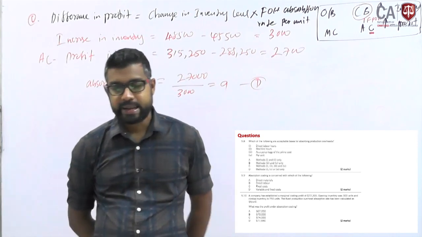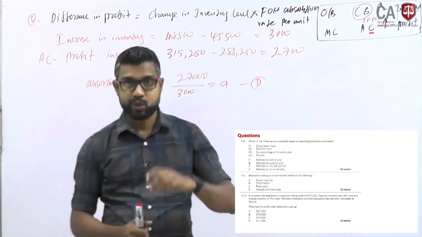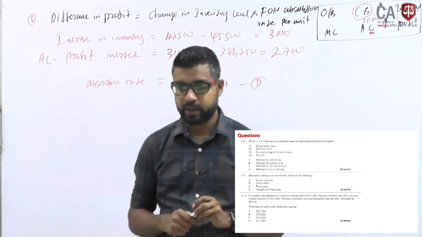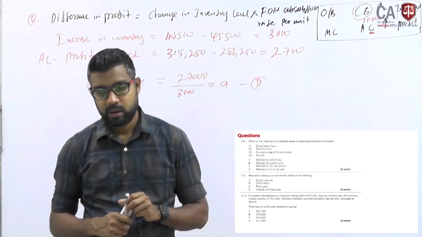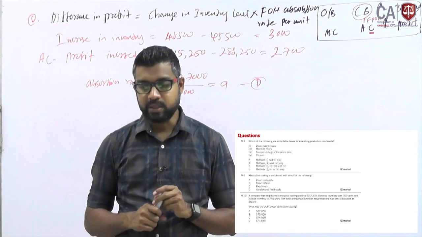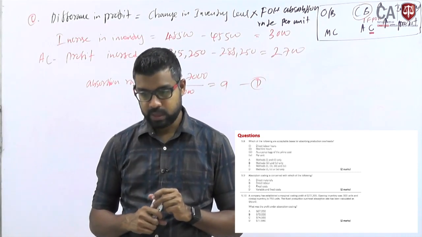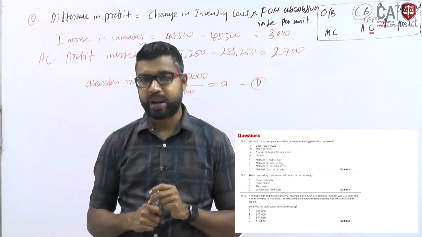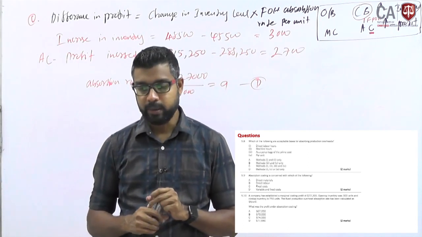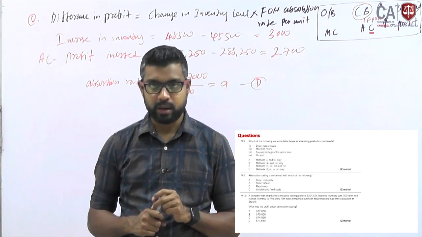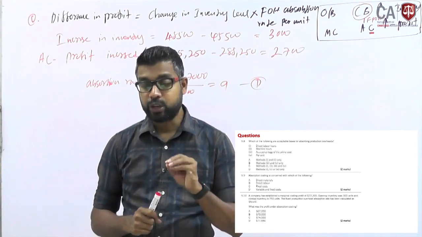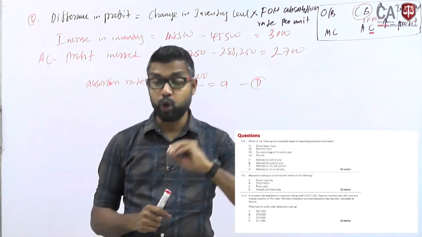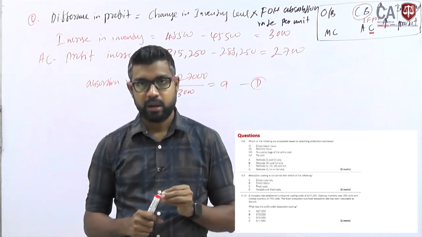Direct labor hours to absorb fixed production overhead. Machine hours, yes, that is also fine. As a percentage of prime cost, that is also fine. Per unit. We are asked which of the following are acceptable bases for absorbing overhead.